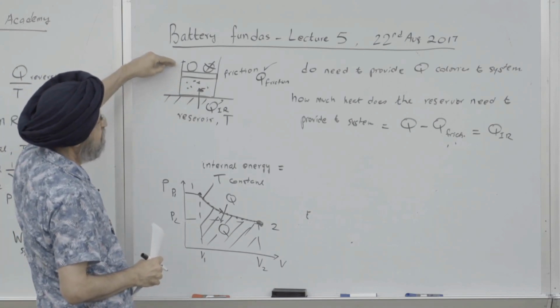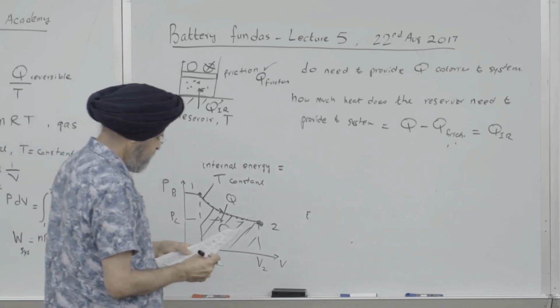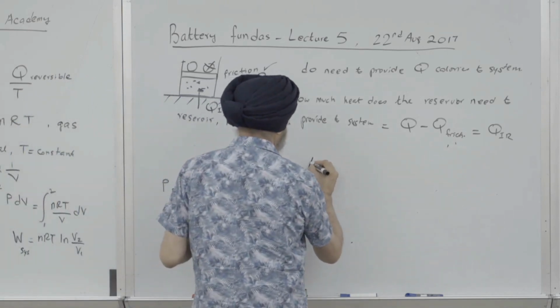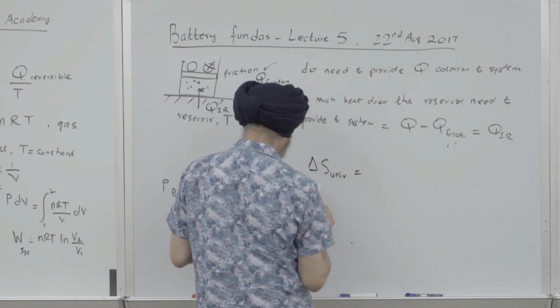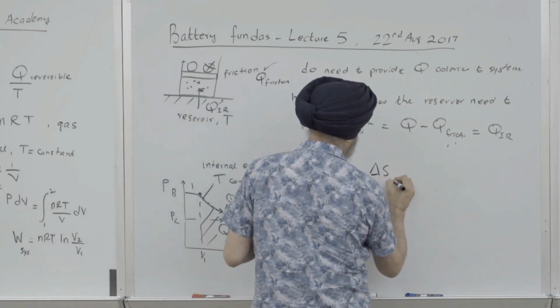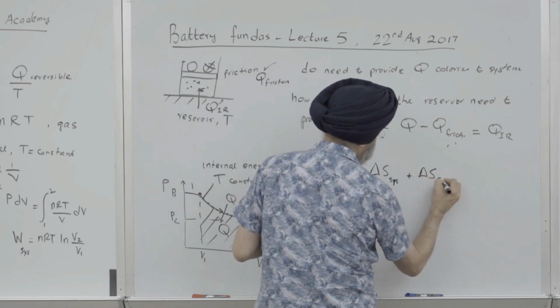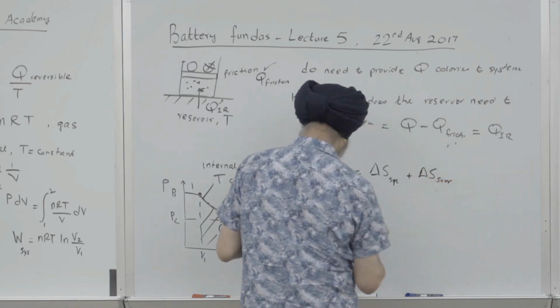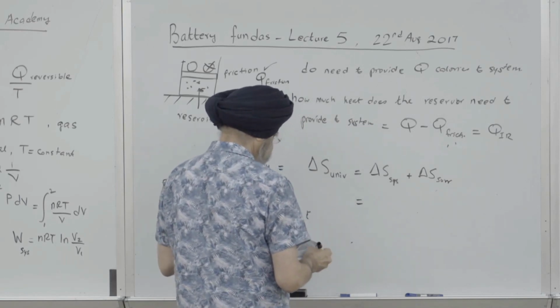So I need to provide less heat from the reservoir to the system when the system works on the surrounding. So let's rewrite our delta S of the universe. Delta S of the universe is delta S of the system plus delta S of the surrounding, right?